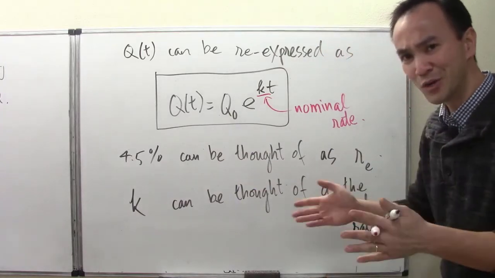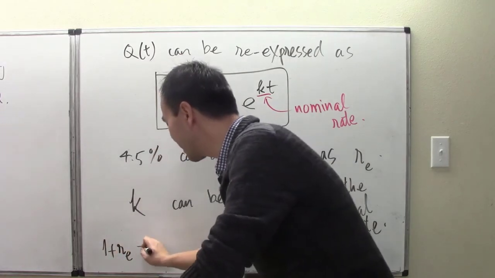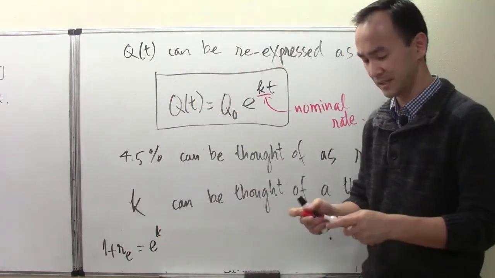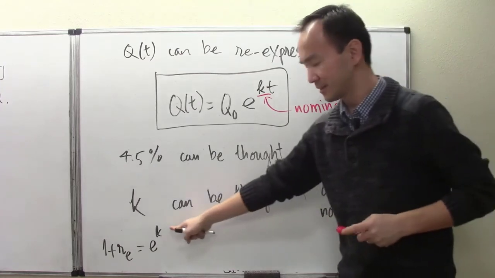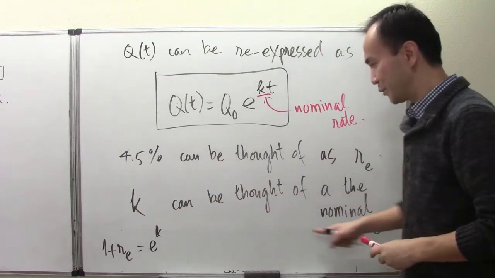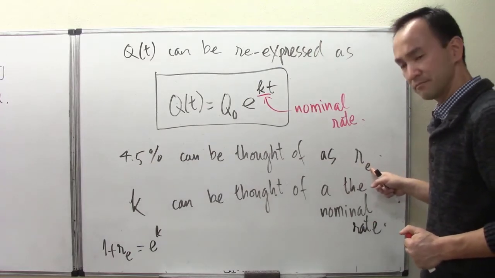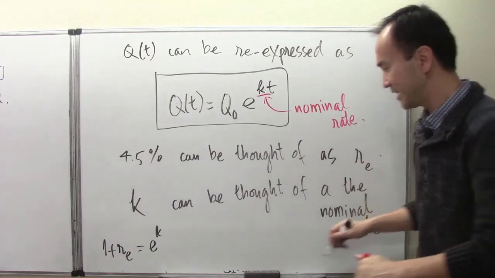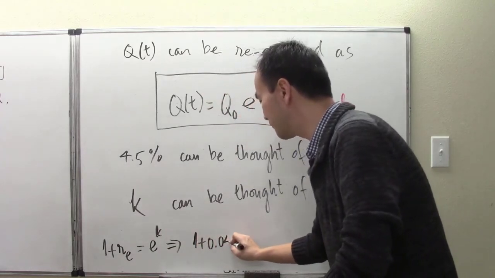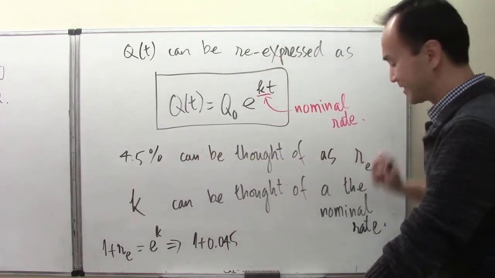And so now we already knew this important relationship: 1 plus effective rate equals e to the k. This k can be thought of as the nominal rate, whereas this 4.5% can be thought of as the effective rate.